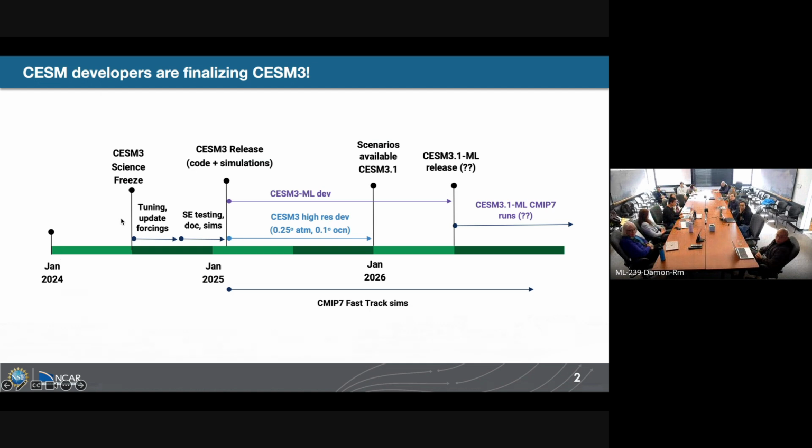The next big event is the CESM3 science freeze, which roughly means that the developers will determine which major model parameterizations will go into the model. That is targeted for summer this year. After that, we will have tuning and further development of simulations.